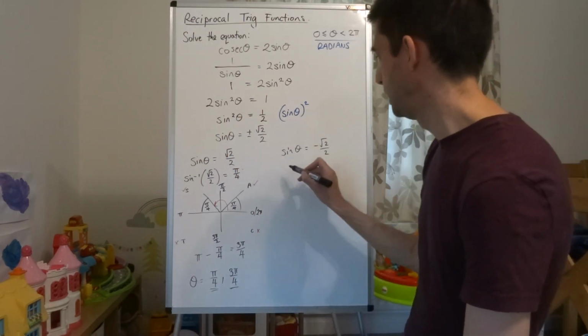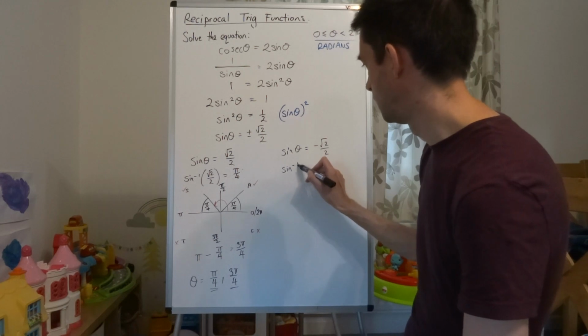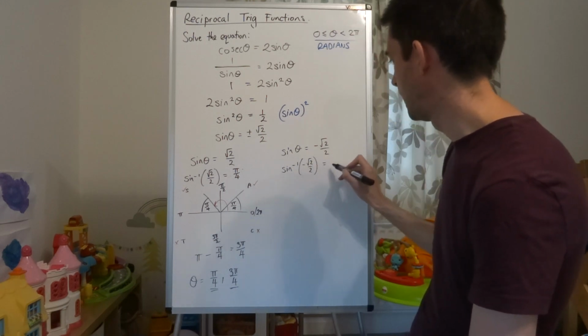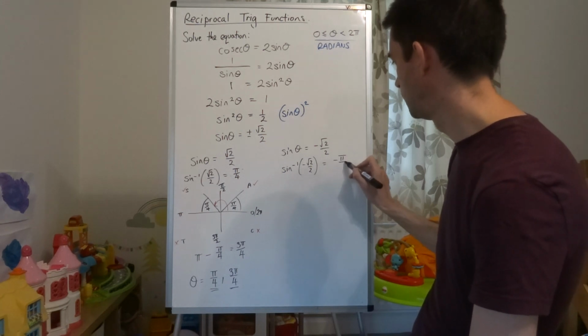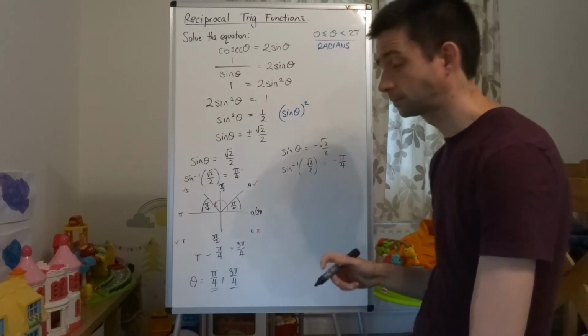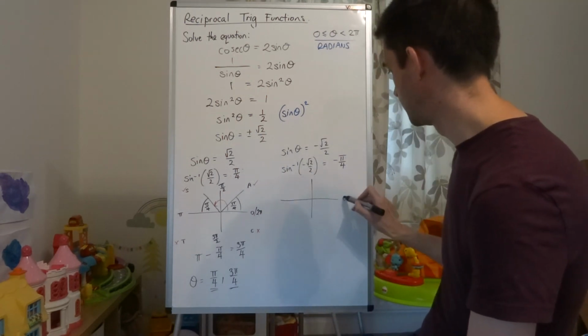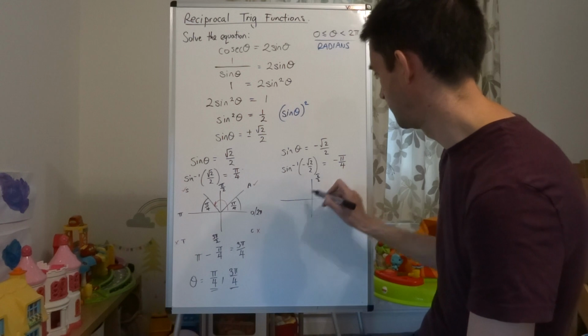Next one I'm going to do is sine inverse of negative root 2 over 2. And that actually comes out as negative pi over 4. So, draw that out in your CAST diagram. This is the first negative one we've met, so I'll take a bit of time over this.